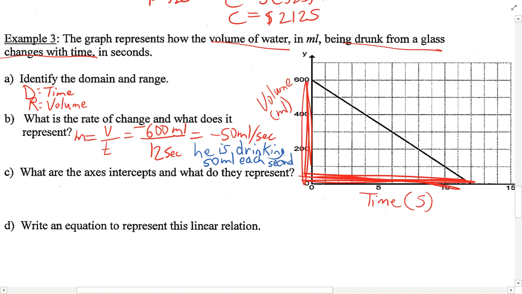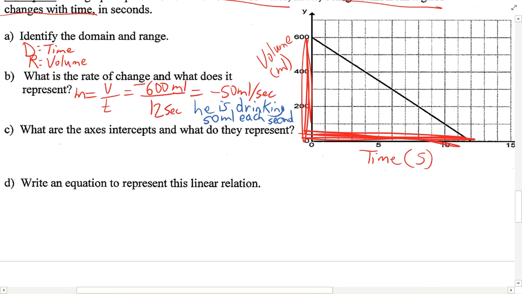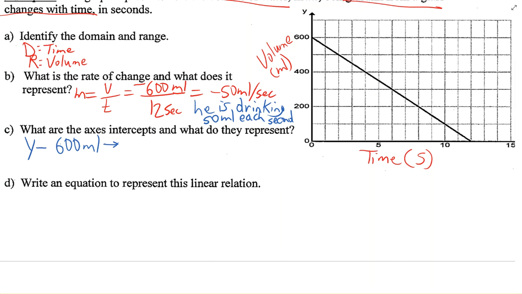Okay? All right. What are the axis intercepts and what do they represent? So your y-axis, that is 600. What does that 600 milliliters represent? Yeah, the amount of water when? At the start, right?